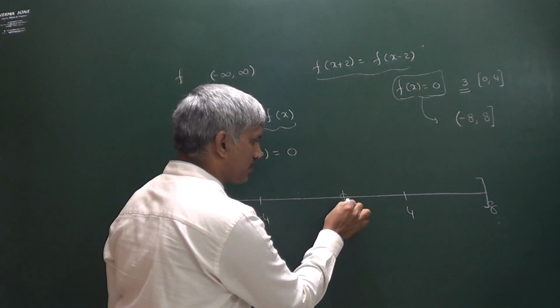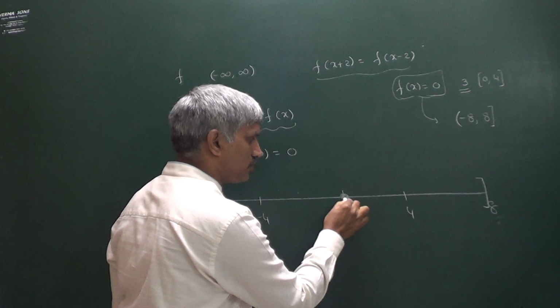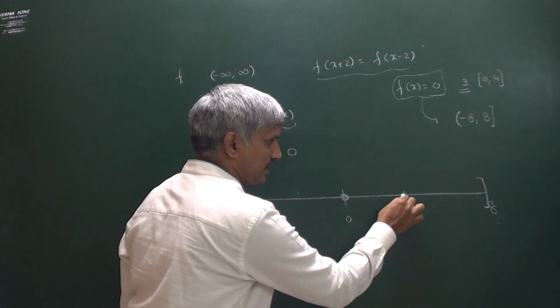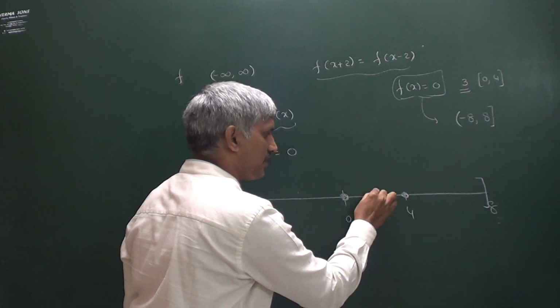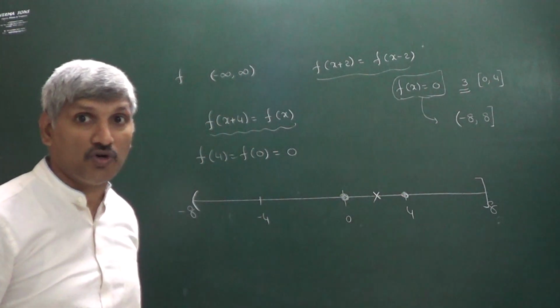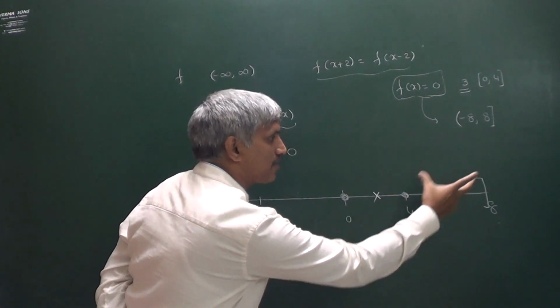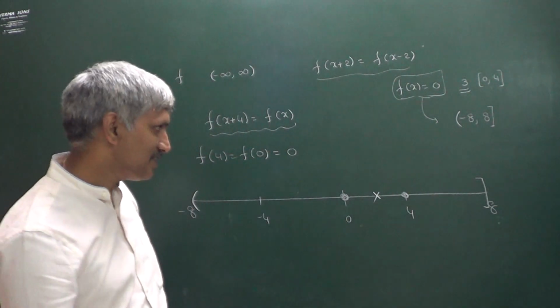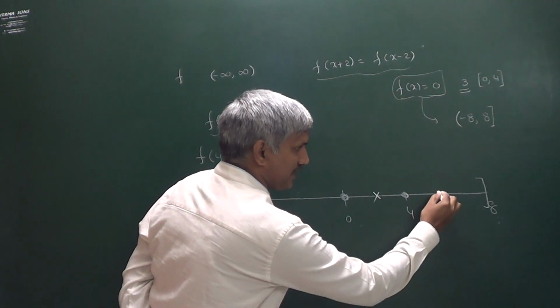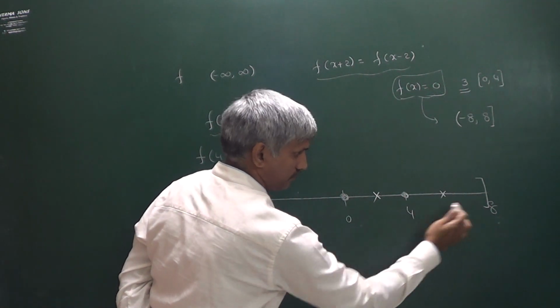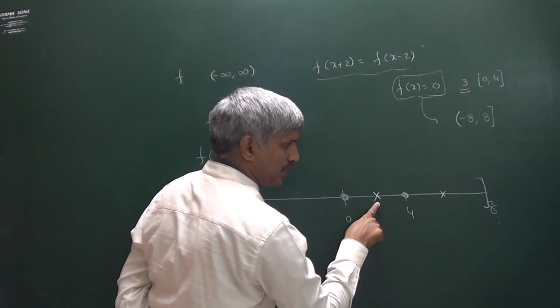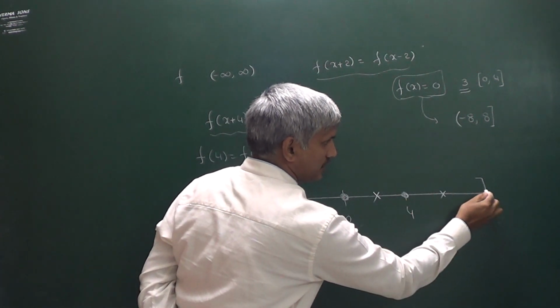And we got the information 0 is one root, 4 is another root, definitely one more root is there between 0 and 4. That means for every 4 units length the same type of situation happens. That means the graph between 4 to 8 has one root, and again 8 is a root.